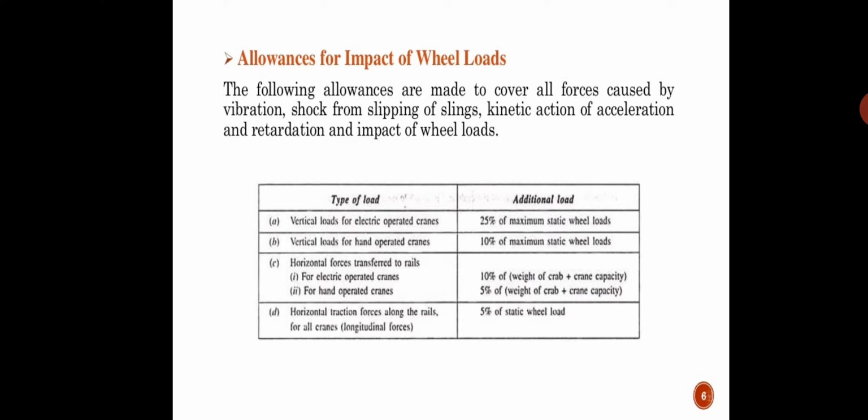Now, allowance for impact of wheel load. The following allowances are made to cover all the forces caused by vibration, shock, slipping and sliding, kinematic action, and acceleration, retardation and impact of the wheelbase. These are the types of load and how we allow for them on the gantry girder.